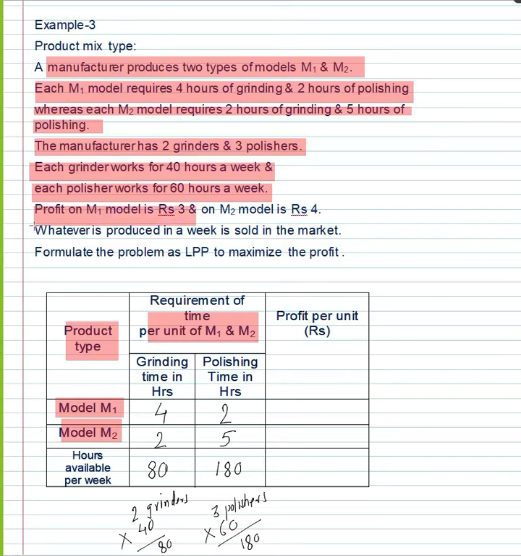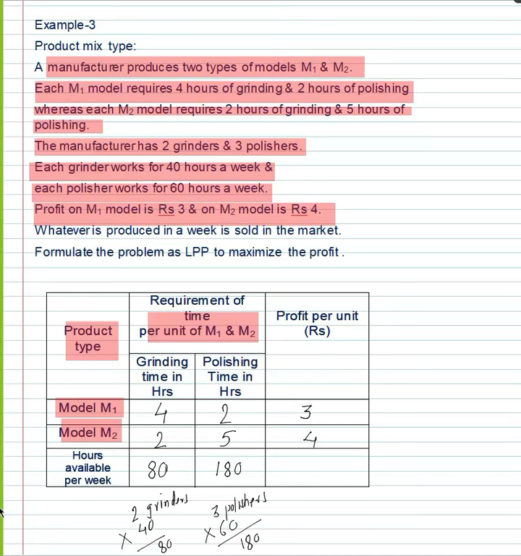Profit on M1 model is rupees 3 and profit on M2 model is rupees 4. ₹3 is the profit on model M1 and ₹4 is the profit on model M2.